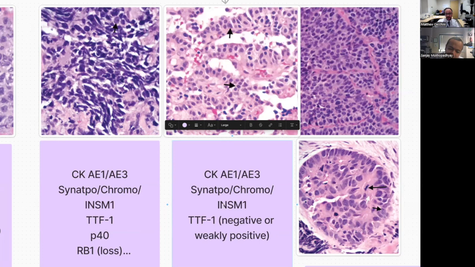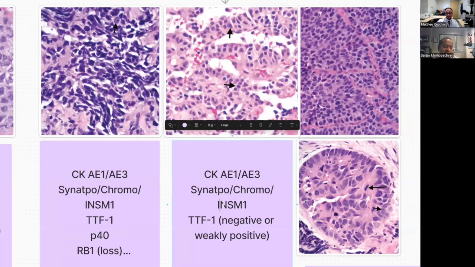I think if you have synapto and chromo, I don't think INSM1 necessarily helps you that much, because it's sort of intermediate between synapto and chromo in terms of sensitivity, slightly less sensitive than synapto and slightly more specific than synapto, and not as specific as chromo. So I think it does not help you much.